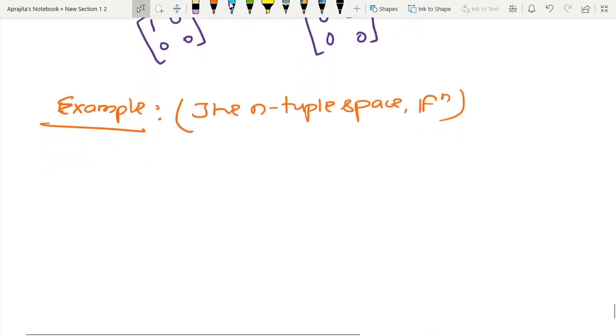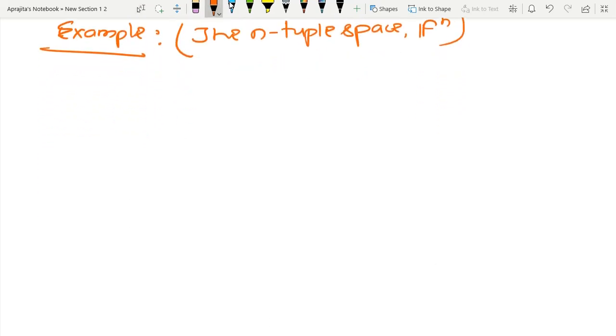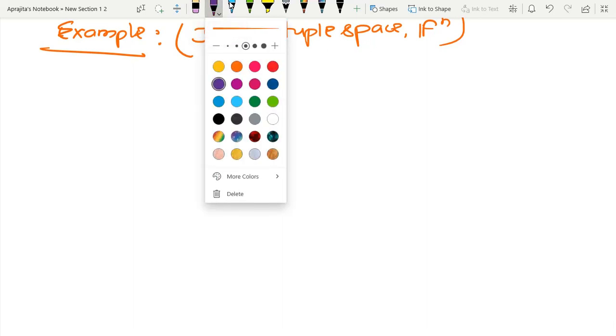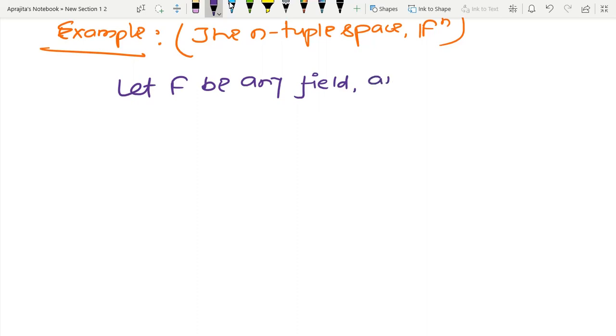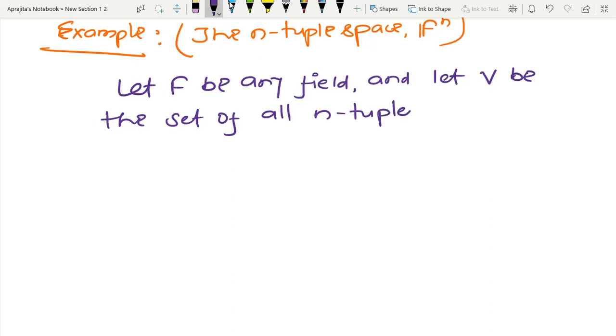Let F be any field, and let V be the set of all n-tuples.